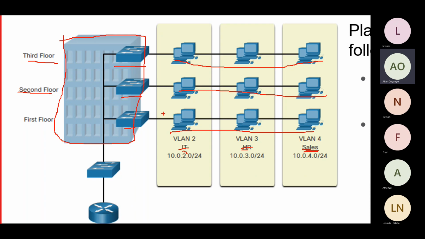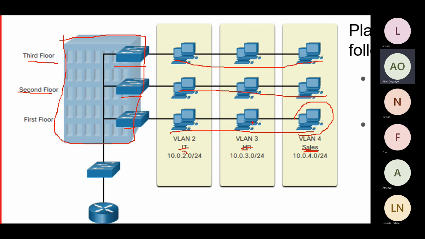We are going to break some protocols I have taught you in the previous chapter. On the 1st floor, we have computers for IT guys, computers for human resource guys, and computers for the sales people.